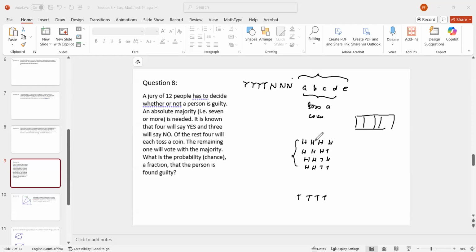The best way is, the first one could be chosen in 2 ways. The second one can be chosen in 2 ways. The third one in 2 ways, and the fourth one in 2 ways. Can be any one of H or T, and that gives you 16. So there are 16 possible outcomes for these guys here, right?